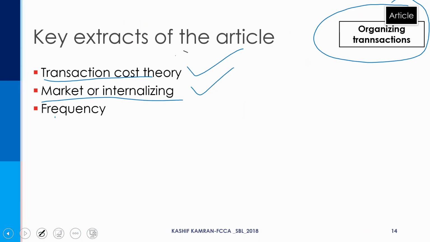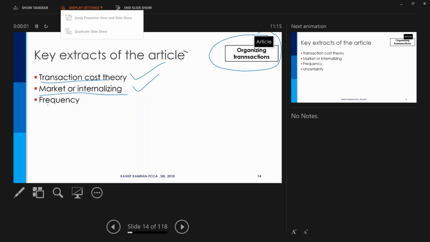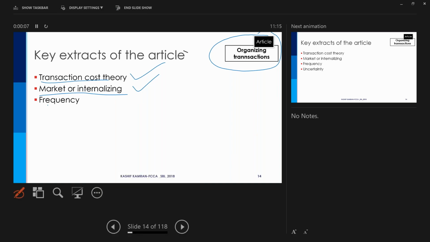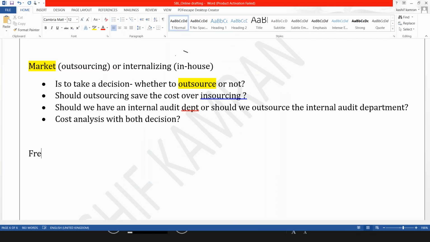Third, frequency. When we look at the frequency, frequency of what? Frequency of the transaction during the year.